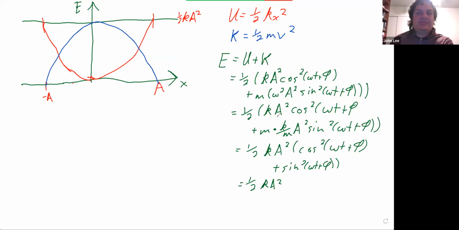We decompose the omega squared to k over m, and that's going to give us 1/2 Ka squared times cosine squared omega t plus phi plus sine squared omega t plus phi, which is just 1/2 Ka squared. So this is just proving that the total energy is equal to 1/2 Ka squared.